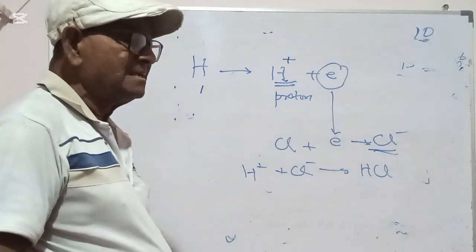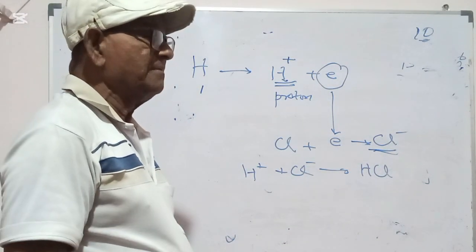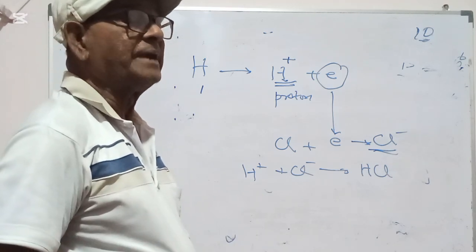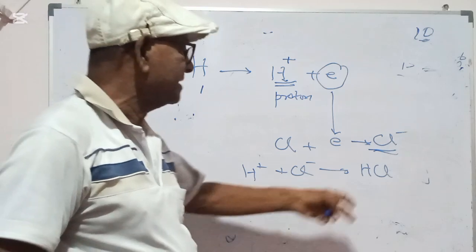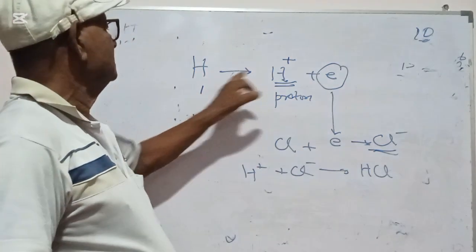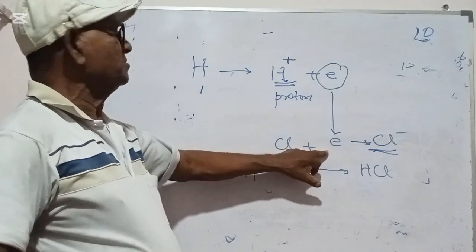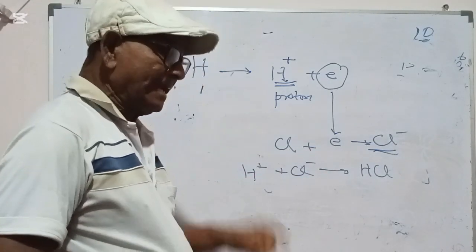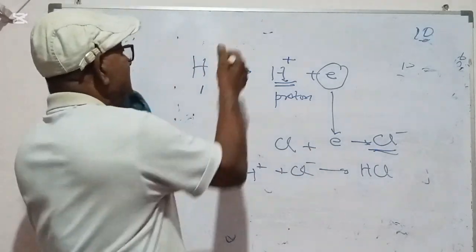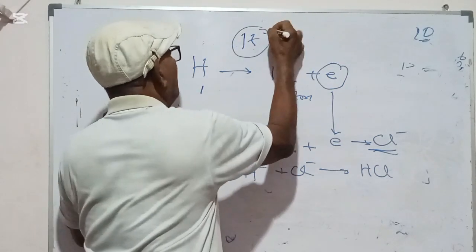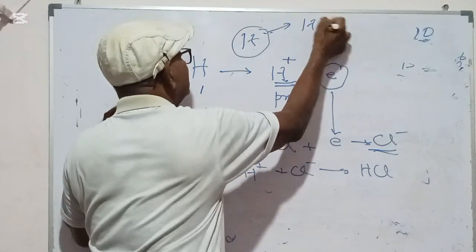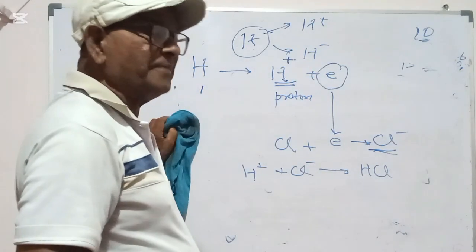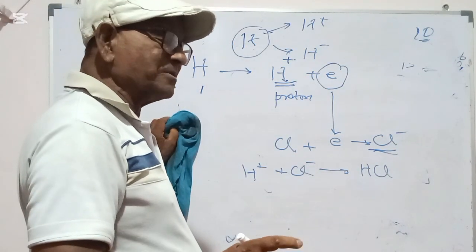Hydrochloric, when it dissolves, when it is in the soluble form, hydrochloric acid, it is an ionic compound. Then did you understand how H+ is formed? Then you are clear that it has the ability to form H+ as well as H-. So it is a wonderful ion compared with others.